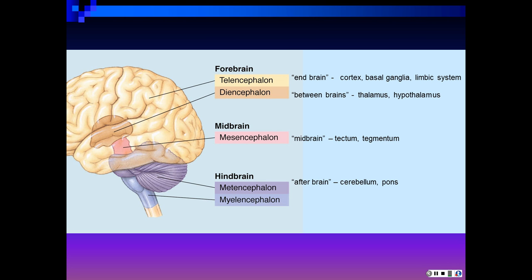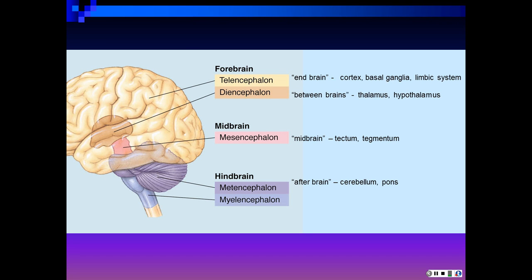Hindbrain, or afterbrain, includes the pons, which is this structure right here. This is a brain stem that I'm holding, right? The pons means bridge, and there are a lot of fibers that cross left to right and create this bump on the anterior side of the brain stem.